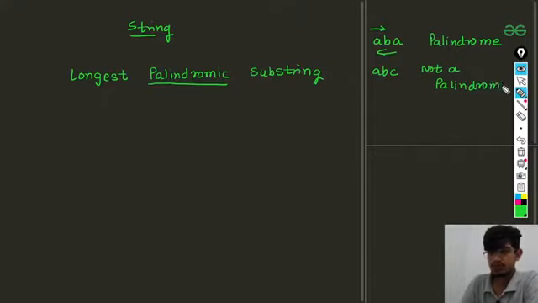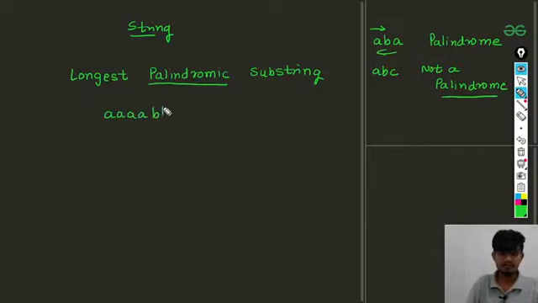So we will be given a string. For example, the string can be AABBAA. In this we need to find the longest palindromic substring. Which can be the longest palindromic substring here? It can be this one, right?